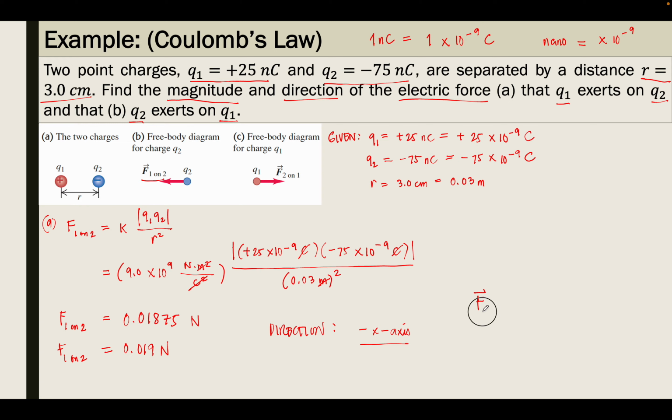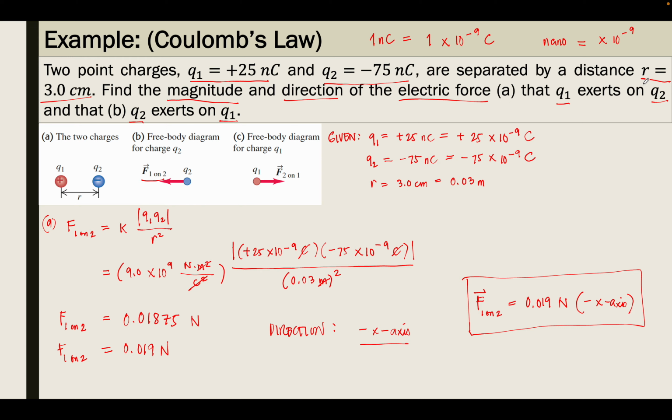So, the force that Q1 exerts on Q2 is equal to 0.019 Newton on the negative x-axis. Okay, so this is now our final answer of the magnitude and the direction of the electric force that Q1 exerts on Q2.